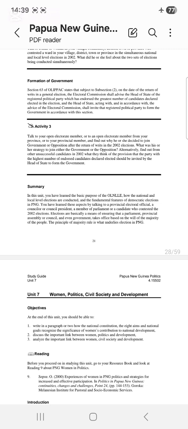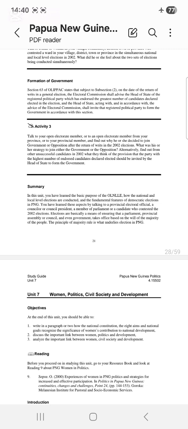One example is section 63 of the OLIPEC itself. That's number one. Secondly, and it's not mentioned here, but it's worth mentioning, is the standing orders in relation to the voting of the Prime Minister. So we have government formation. There are two laws that guide the formation of the Prime Minister. Number one is the Organic Law on the Integrity of Political Parties and Candidates, as per the election, and number two, the standing orders of the Parliament.